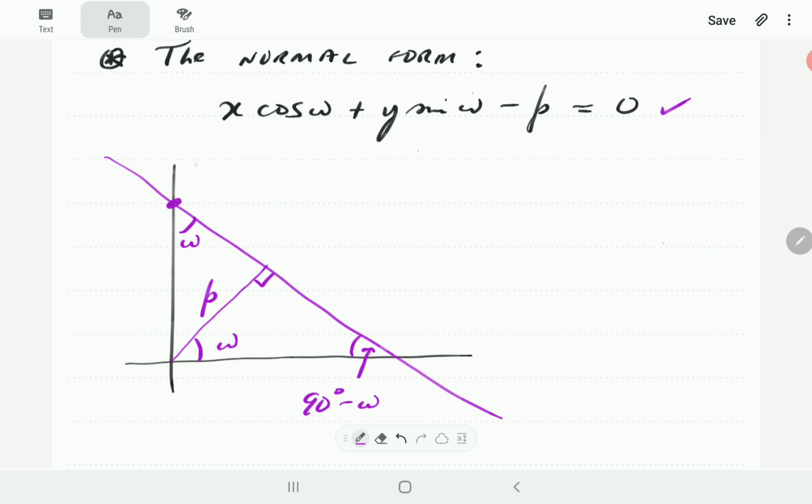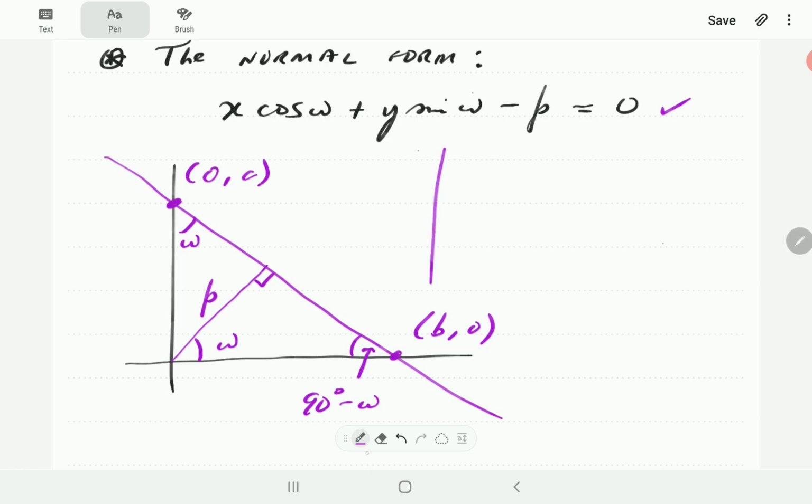So if we take this to be (0, c) and take this one to be (b, 0), that means the distance from the origin to this point is c, and the distance from the origin to this point is b. Then we can write c and b in terms of p and omega.